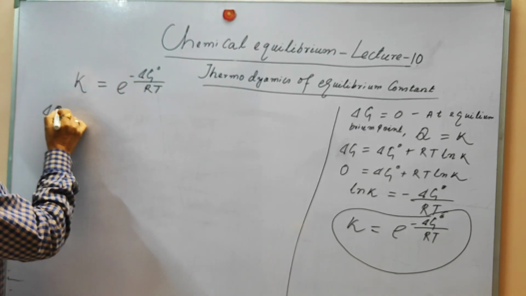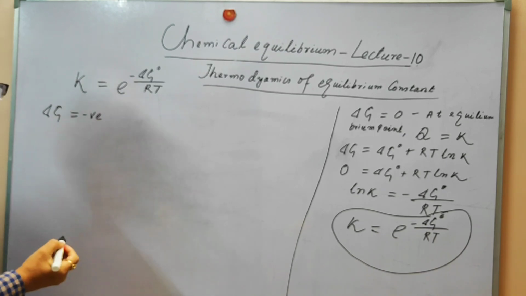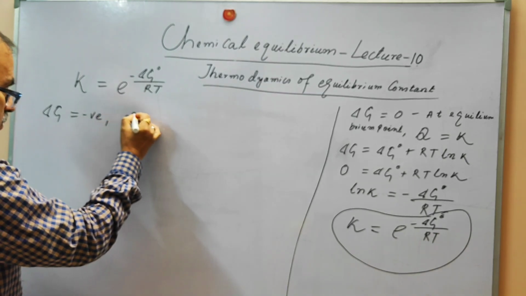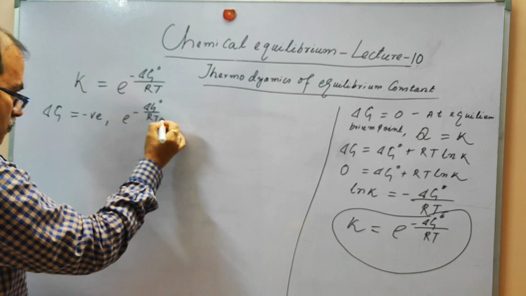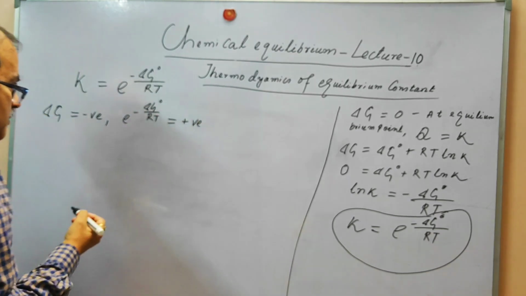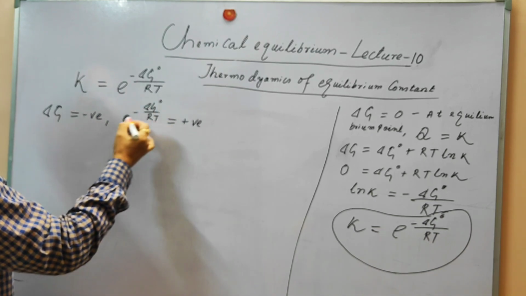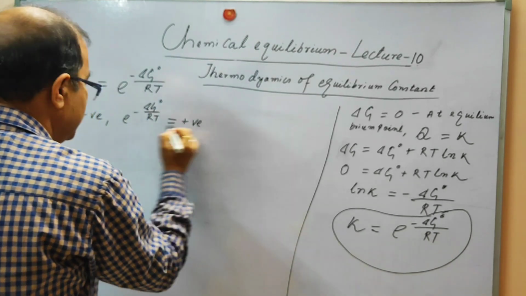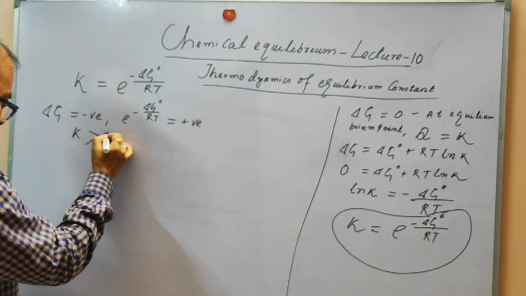And when del G is negative, when the free energy change is negative, then you can see this value e to the power minus del G0 by RT will be positive. Isn't it? Because this is negative and it will become positive, and e to the power this value will be positive. At that time, K value is greater than 1.